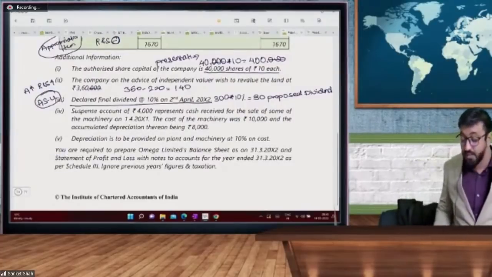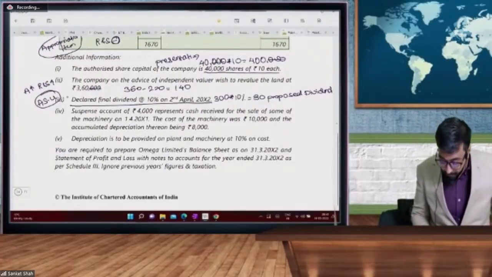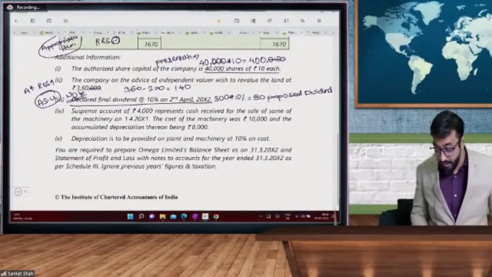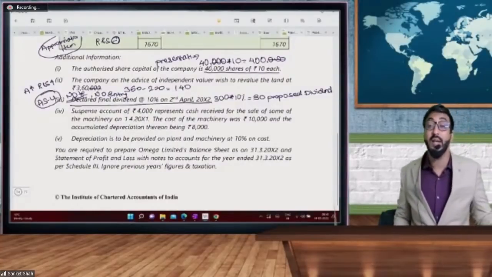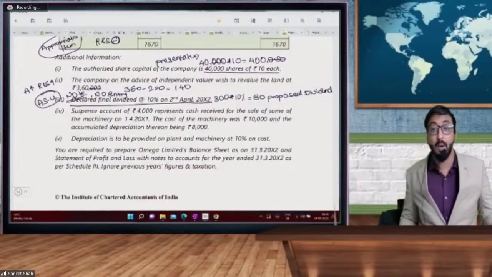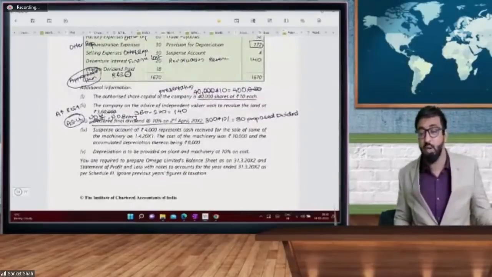As per AS 4, for contingencies and events occurring after the balance sheet date, there is only a footnote of dividend, and remember there is no entry. So previously there was an entry, but now we do not have to record the proposed dividend in the books. Record means we do not have to pass any entry.